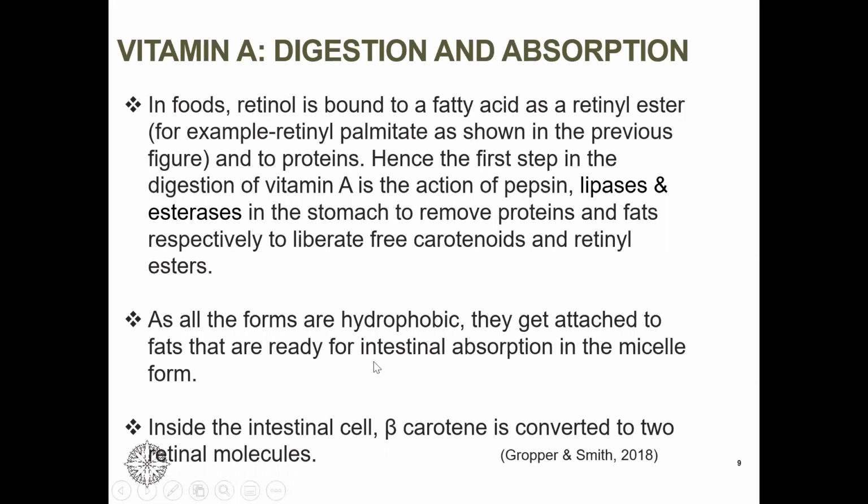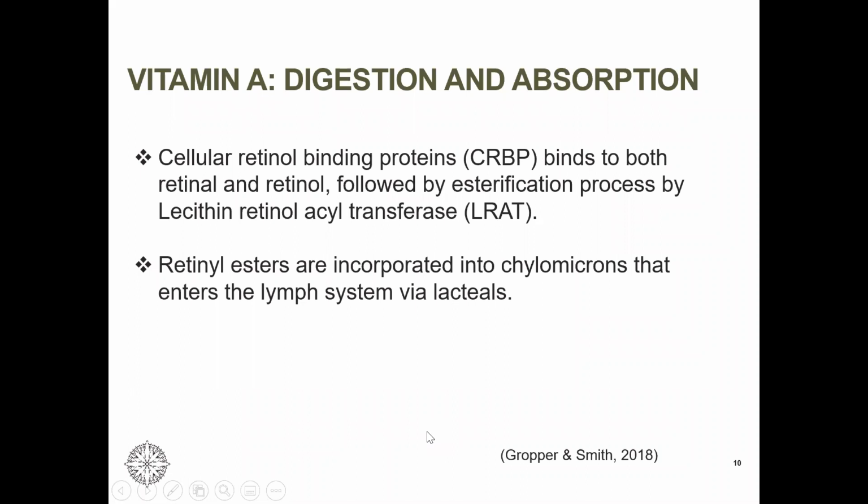Intestinal cells are very specialized, they are smart, they can make all the conversions between various forms of vitamin A. And for that, they use cellular retinol binding proteins as well as lecithin retinol acyl transferase. Transferase means it is transferring the fatty molecule, the fat chemical structure, to retinol. And then everything gets attached in a chylomicron.